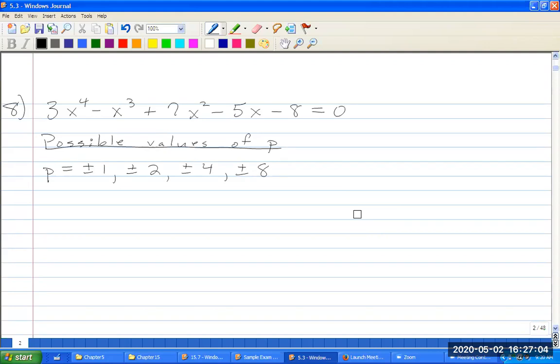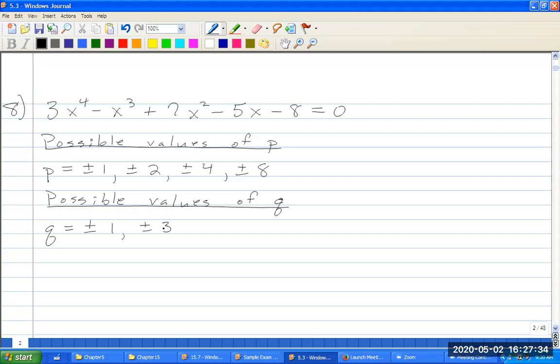So now, let's find the possible values of Q. And so Q, factors of 3 are 1 and 3.